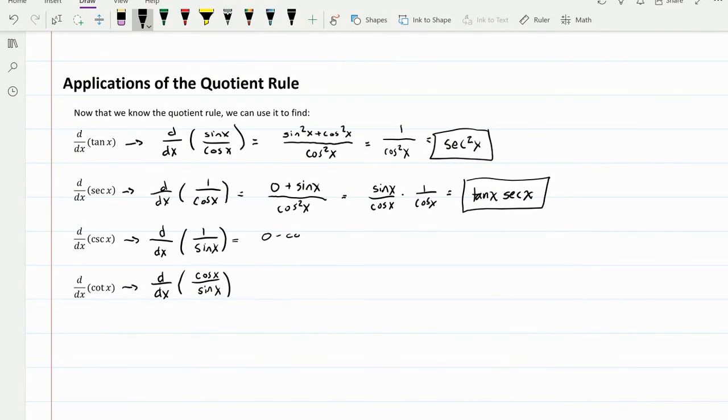Here we should have gotten negative cosine of x over sine squared of x. And we're going to follow a similar method here and rewrite this as negative cosine x over sine x times 1 over sine x. And we have negative cotangent x times cosecant x.